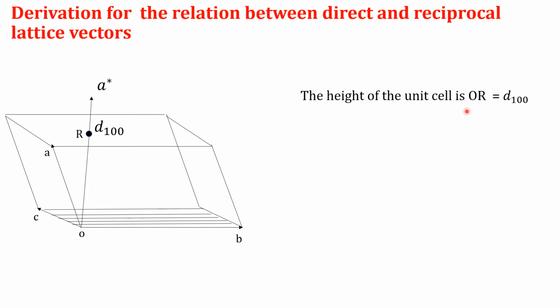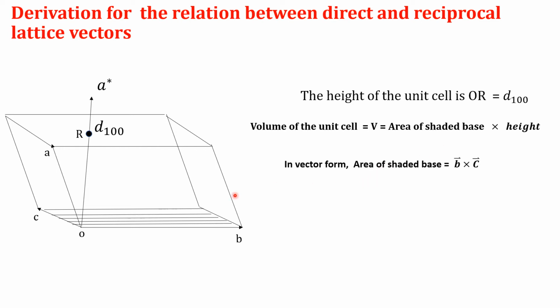As the height of the unit cell is known, the volume of the unit cell is the area of the shaded base multiplied by the height. That area of the shaded base we write in vector form as B cross C, since that plane is perpendicular to the A axis.